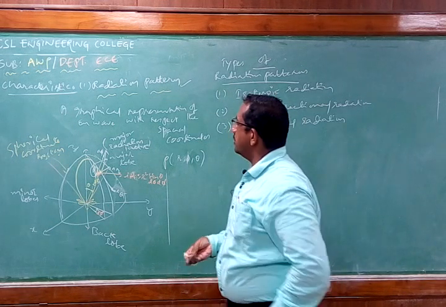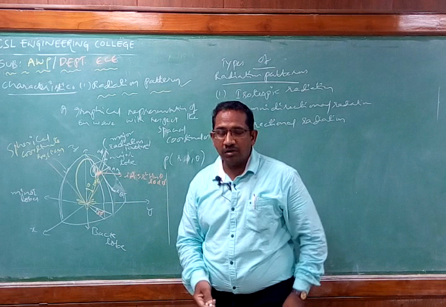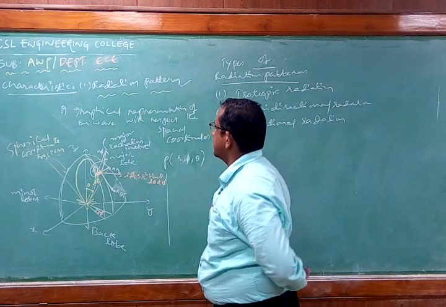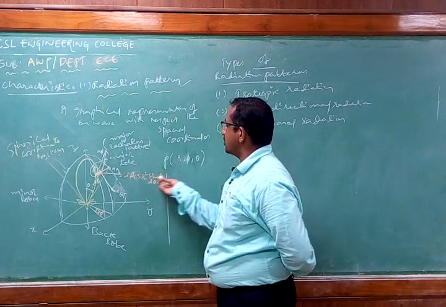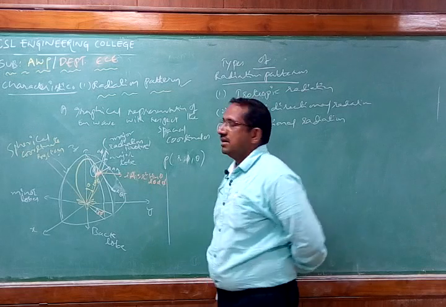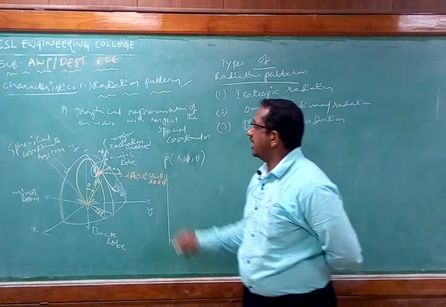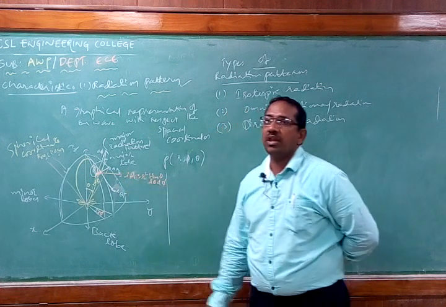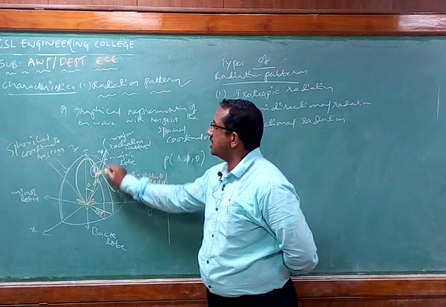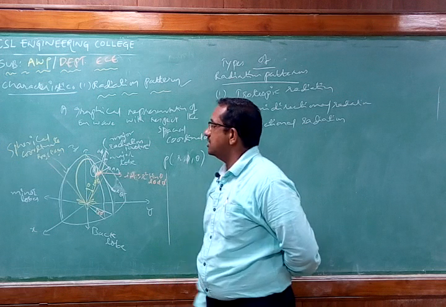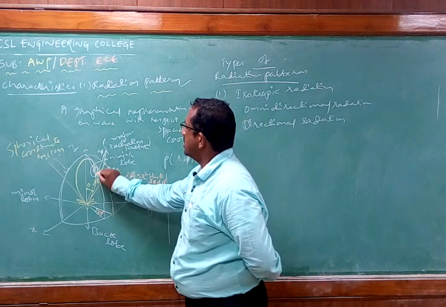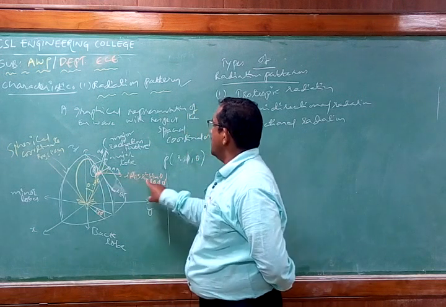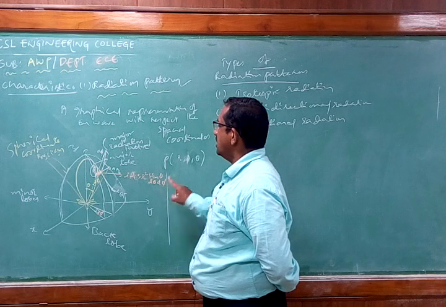And if you find the differential area on the spherical coordinate system, you get R square sin theta d theta d phi. That means by keeping R constant, the other two are variable, and we find the differential area of this particular region. Say if this is the differential area dA, I can write dA as R square sin theta d theta d phi.